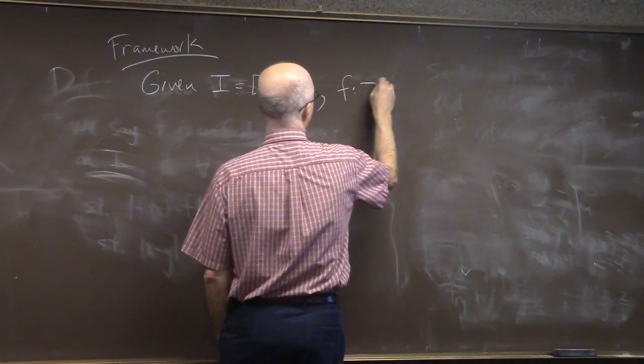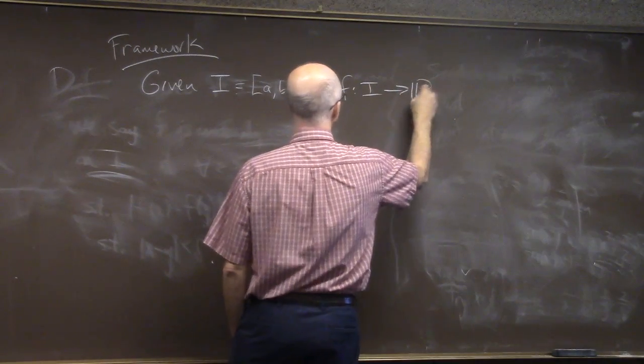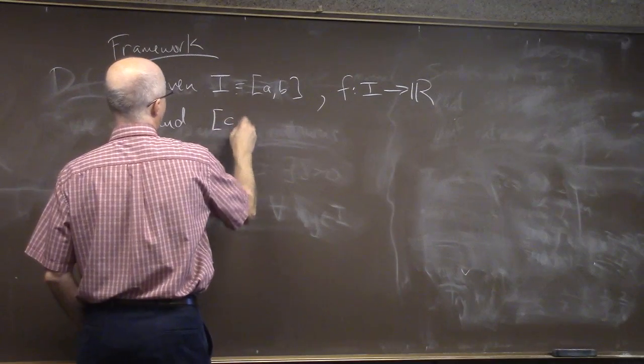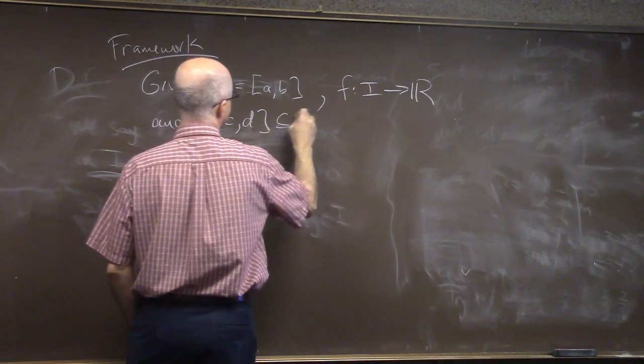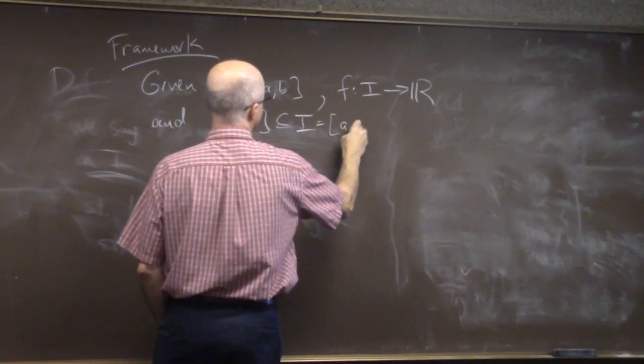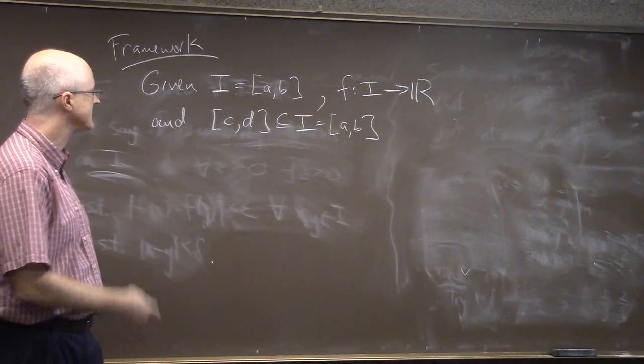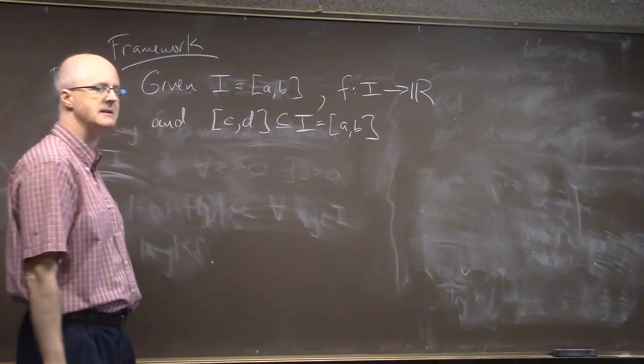A function whose domain is I, and I've also got a subinterval of I. So C and D are between A and B. It's implicit here that A is less than B and C is less than D.